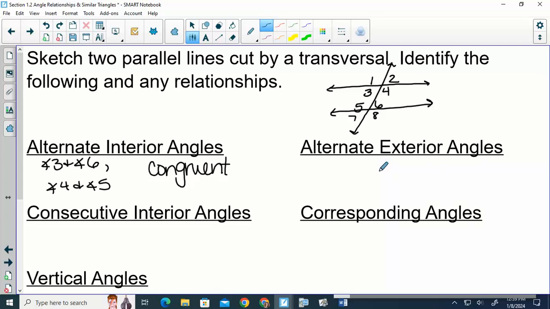Alternate exterior. So we know alternate is opposite sides, exterior would be outside the parallel lines. And what would be true about those measures? They are also equal.